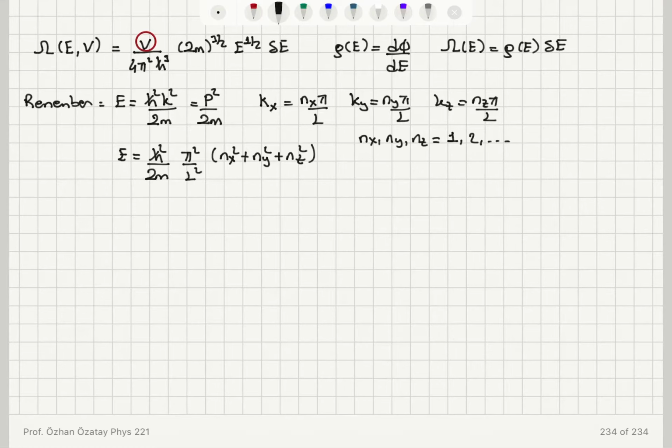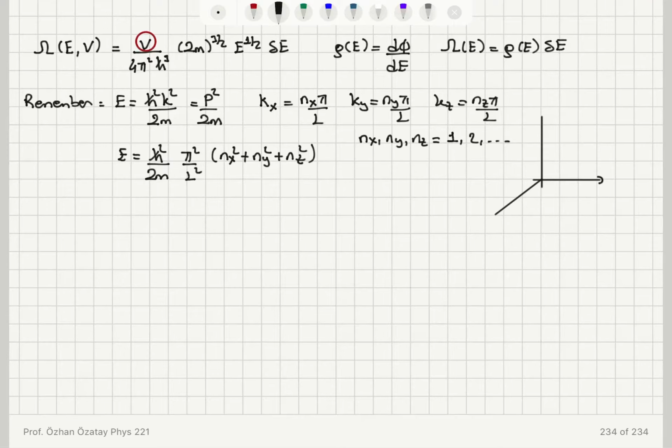And if you want to know the number of accessible states inside a certain region, you can think of this in n space, nx, ny, nz.